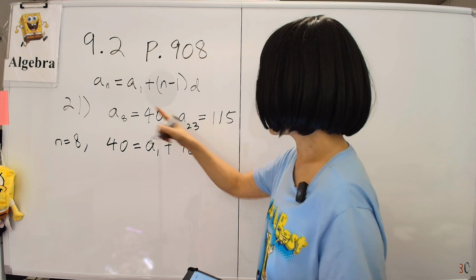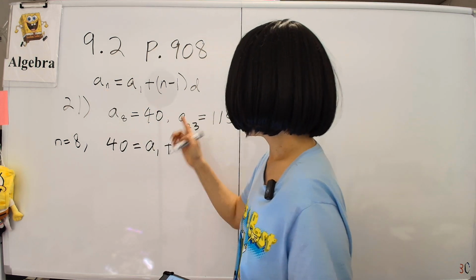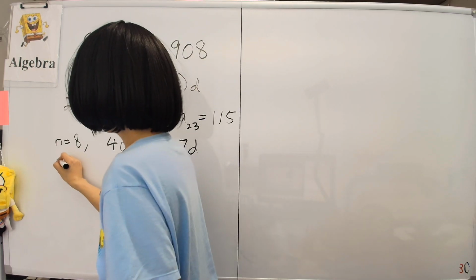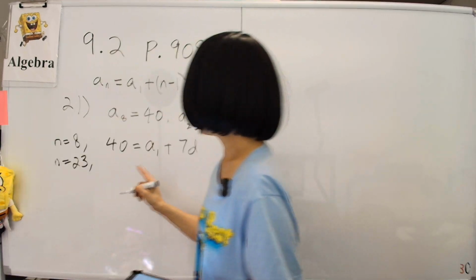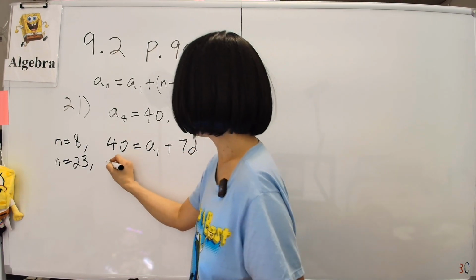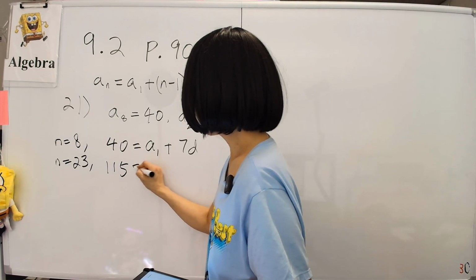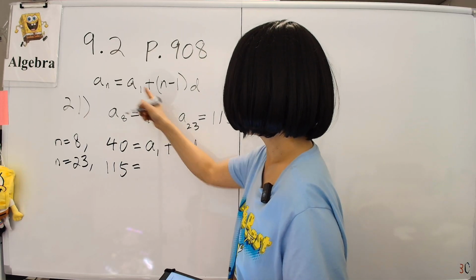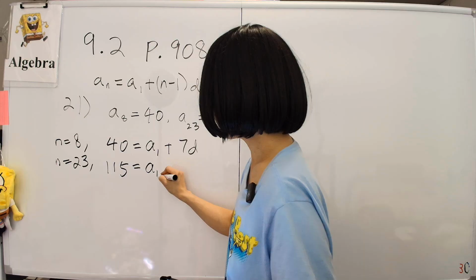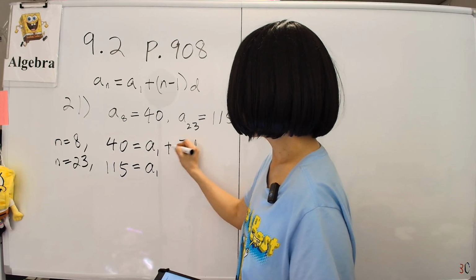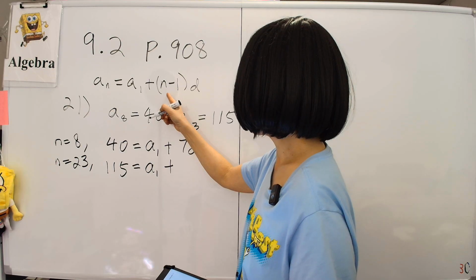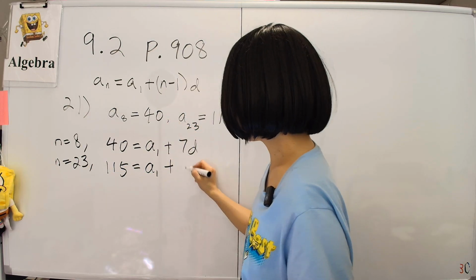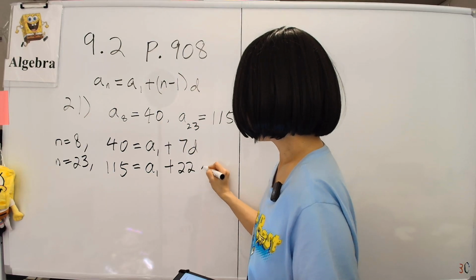Then we do the same thing when n equals 23: a23 is 115, equals a1, again we don't know what that is but we'll find it, plus n minus 1, that n is 23, so it becomes 22 times d.